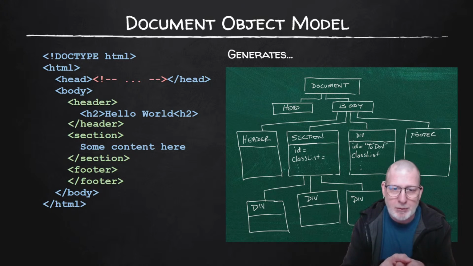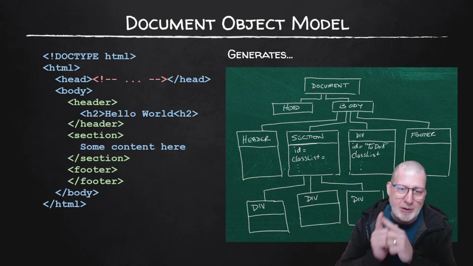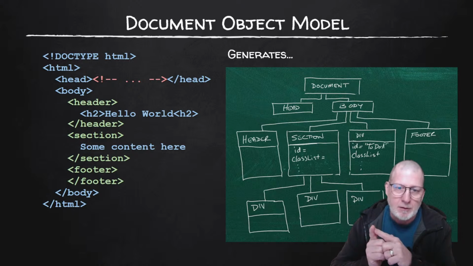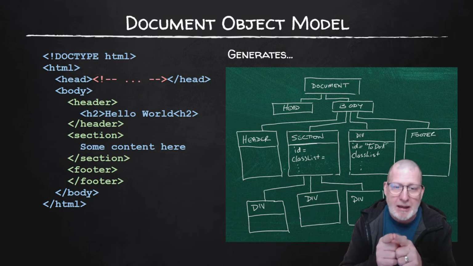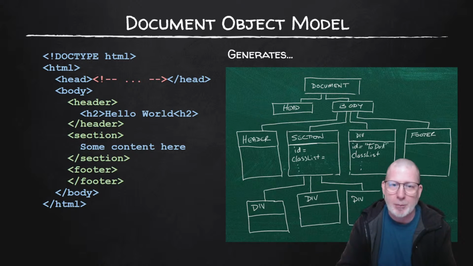In JavaScript, we will manipulate this document to get things to happen on the screen. We will do things like add entire classes, which is the nice clean way to do things. You can grab every element in a section with JavaScript and walk through every div in a section and apply or add a new class to it.